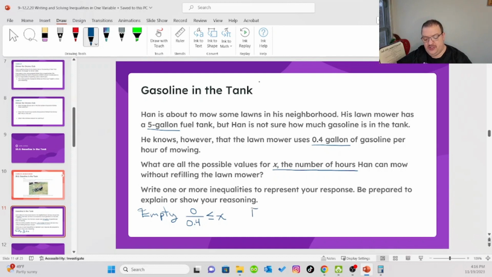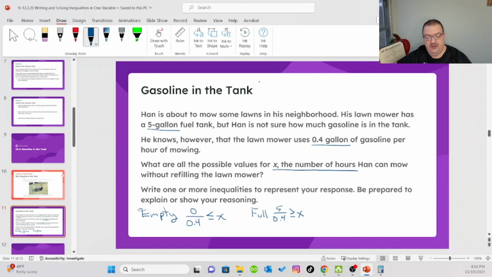If it were full, then that would be 5 gallons divided by 0.4 gallons per hour, and our value would need to be less than that or equal to it because we couldn't mow any longer than if it was completely full.